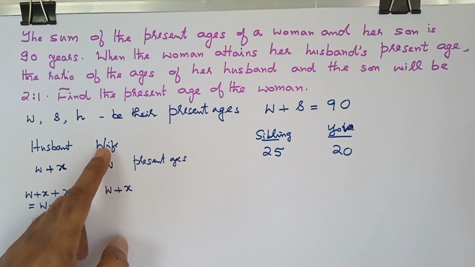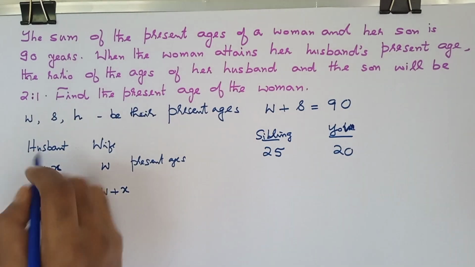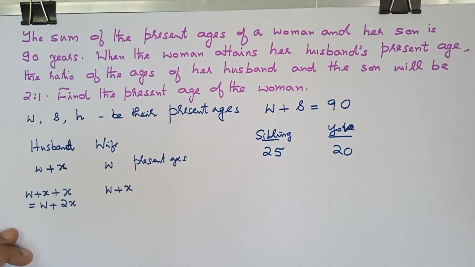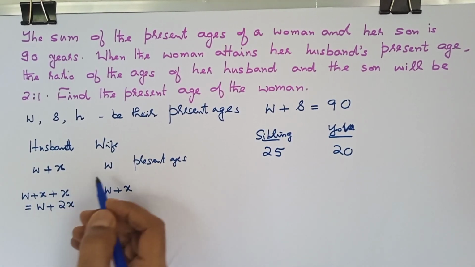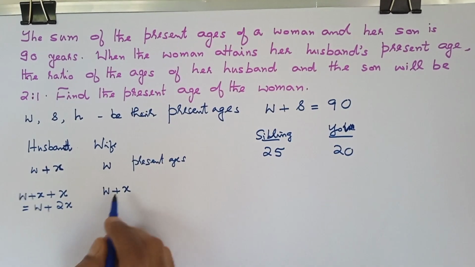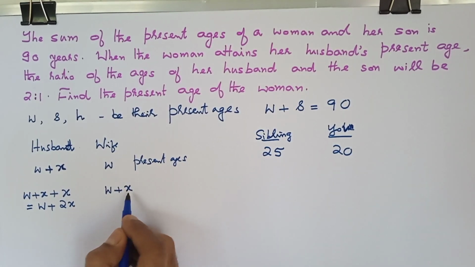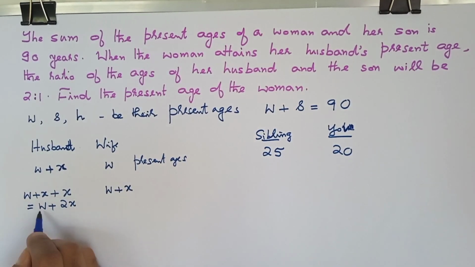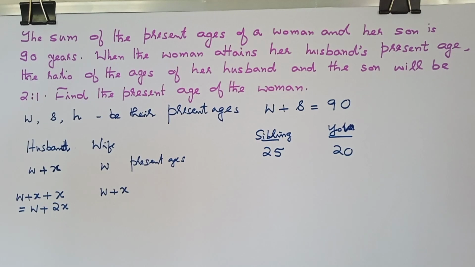We have assumed W to be the wife's or woman's age and the husband's age as W plus X. So the difference is X. So you go into the future X number of years. At that point of time, the wife will be W plus X and the husband will be W plus 2X. Why did we choose all these things? Because they are giving us some other information.